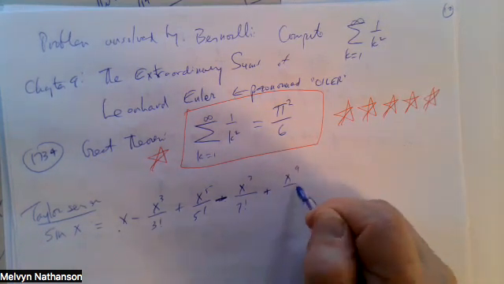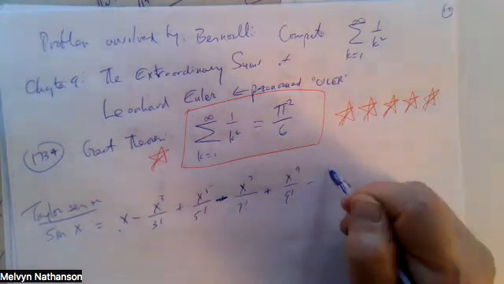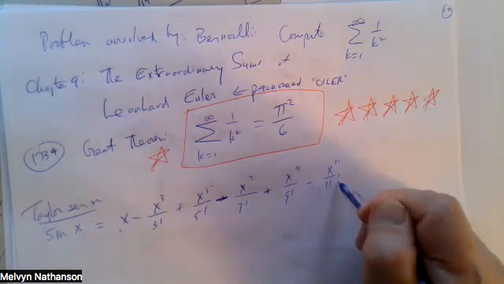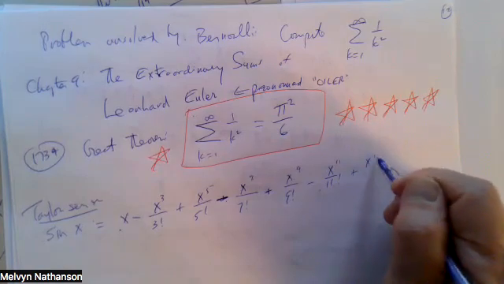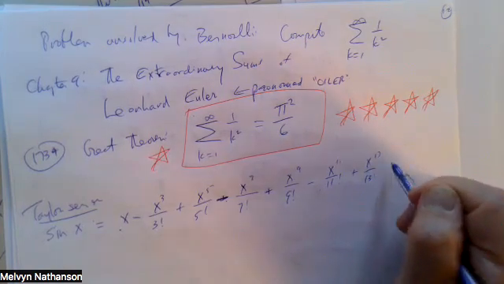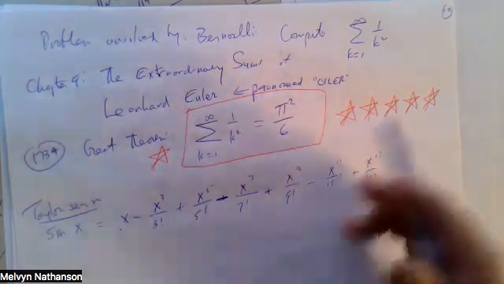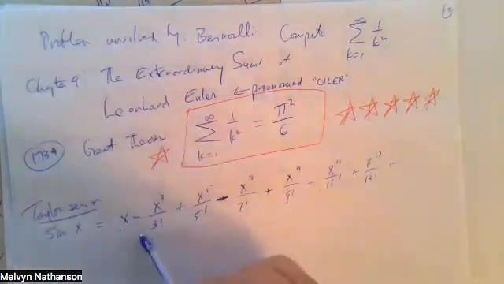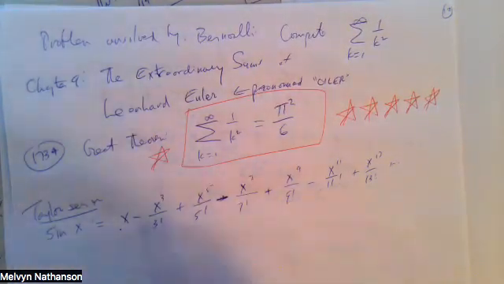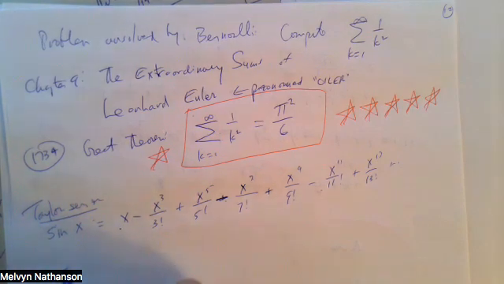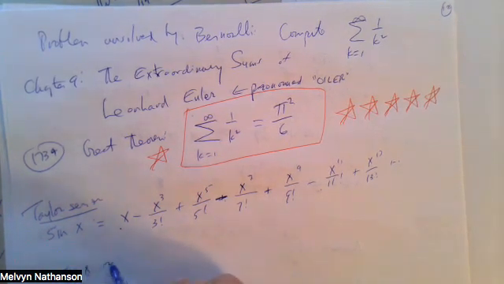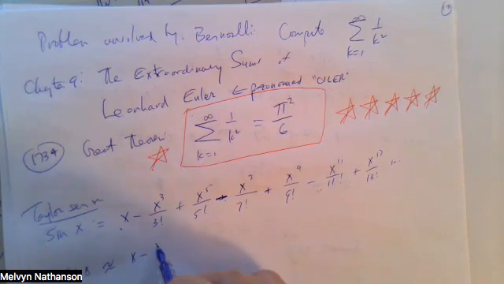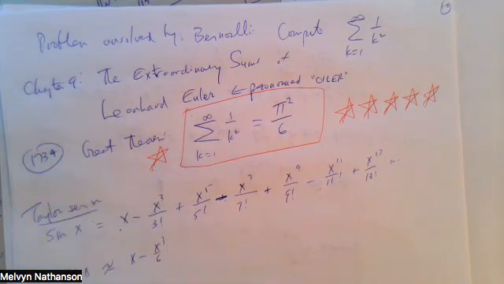So this will be x to the 9 over 9 factorial minus x to the 11 over 11 factorial plus x to the 13 over 13 factorial and so forth. And if you stop this at any point and just look at the polynomial, that's a good approximation to sine of x. And the more terms you get, of course, the better the approximation. If you just take the first two terms, for example, you would say sine x is approximately x minus x cubed over 6.